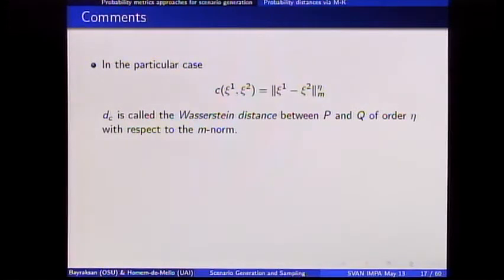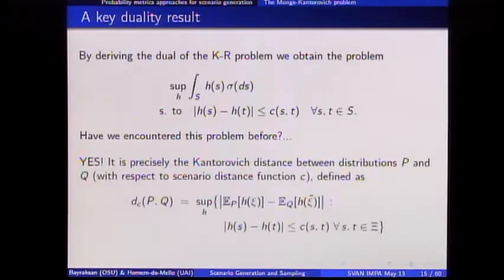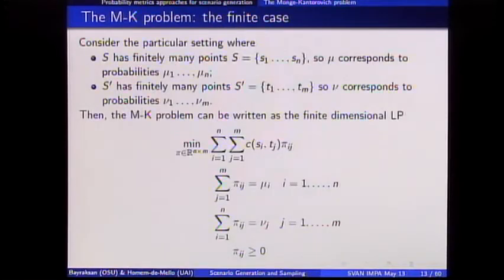If you think about going back to the Monge-Kantorovich problem, essentially we want to find the t's and the pi's, both. If you try to do them at the same time, then the problem is not so nice anymore. If the t's are fixed, if you fix the support and just want to find the distance, it's a linear program. But if you want to find the t's as well, so what are the scenarios that give me the minimum distance?